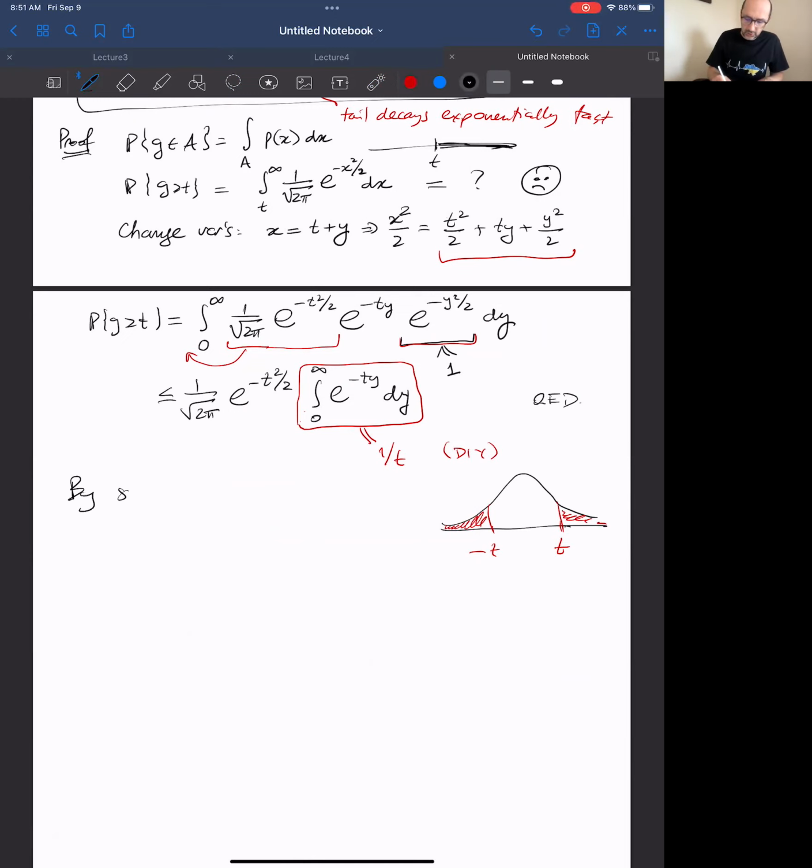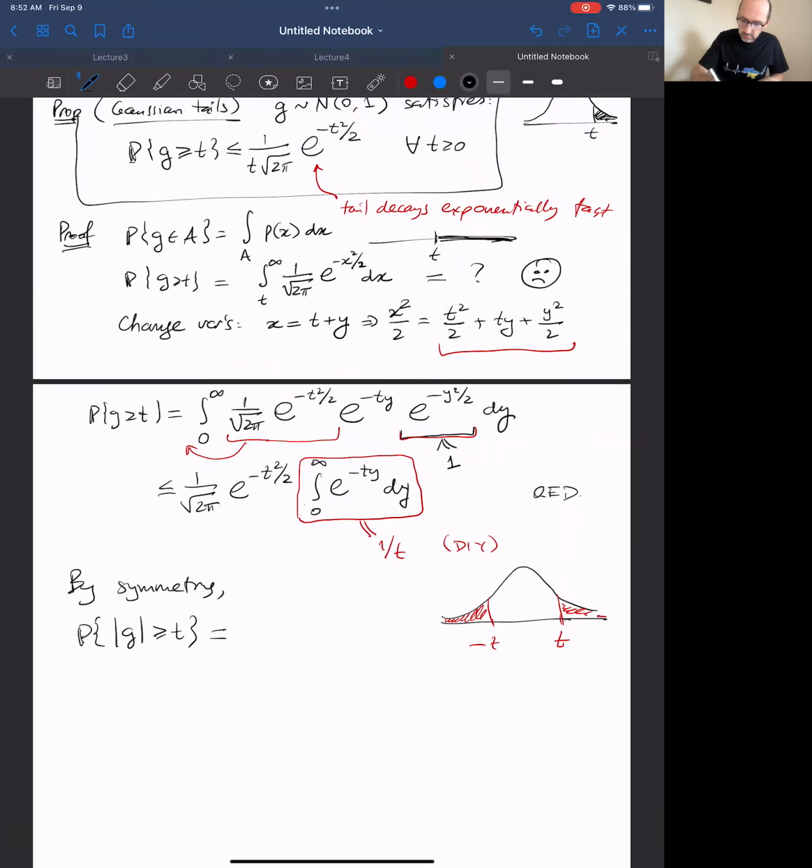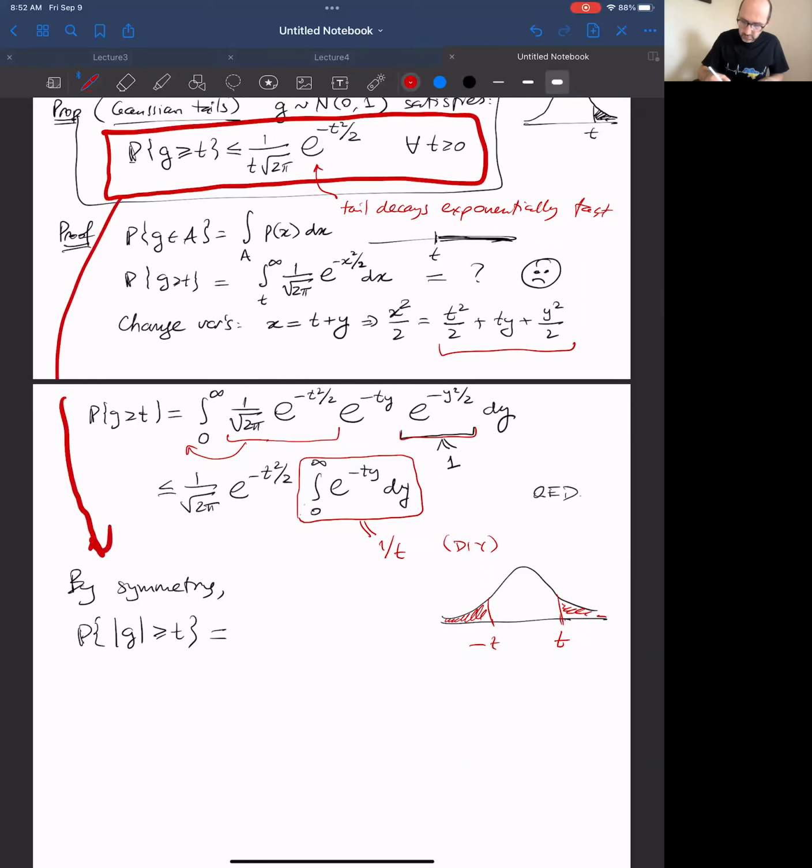By the symmetry of the density, if we take the absolute value instead and apply this formula, instead of one tail, it will be two tails. So twice the probability that g is greater than t. And so we have twice that bound, which I write this way: 1 over t root of 2 over pi e to the minus t squared over 2.